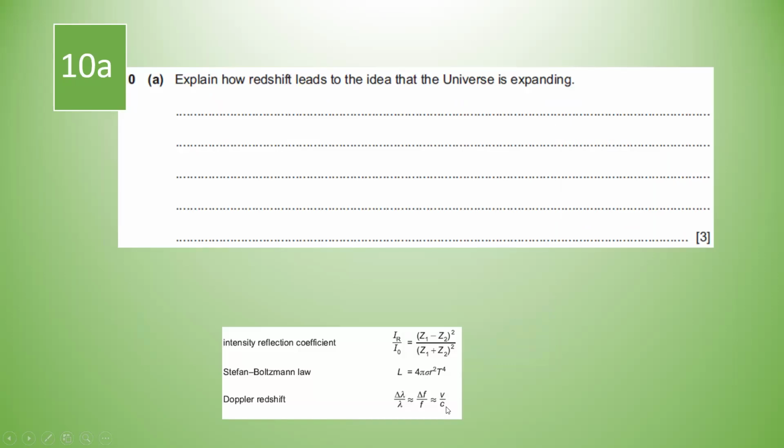Explain how redshift leads to the idea that the universe is expanding. Okay, I want you to try without looking at the answer. Redshift is the increase in observed wavelength. First, explain what redshift is. It is 3 marks.